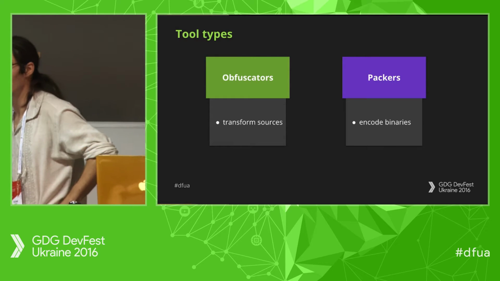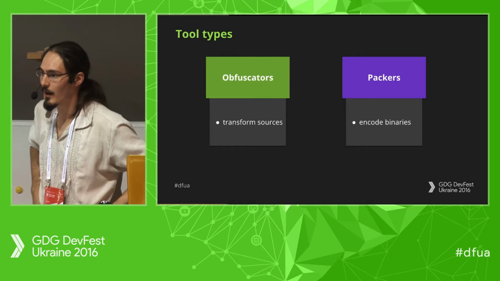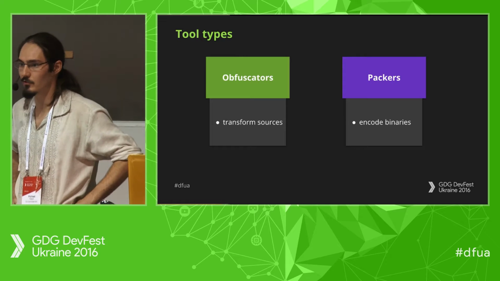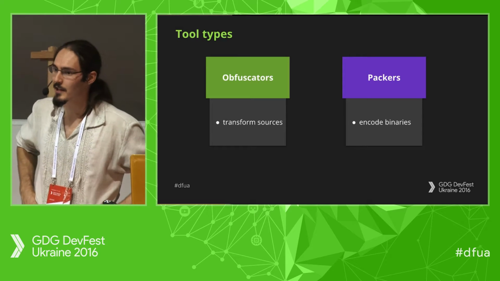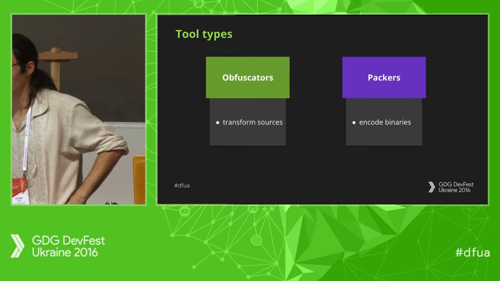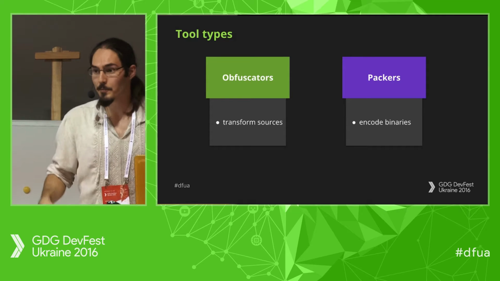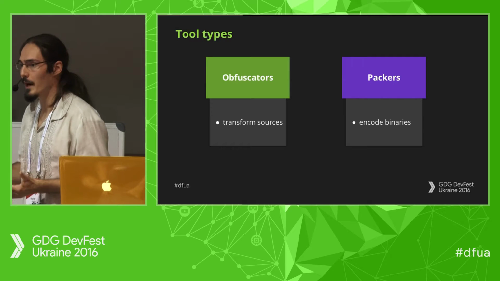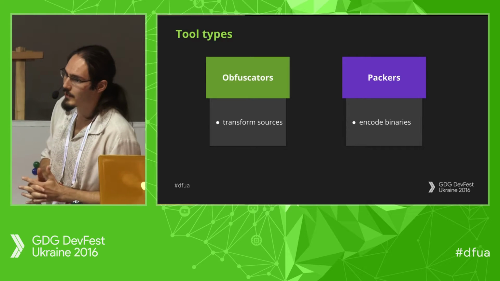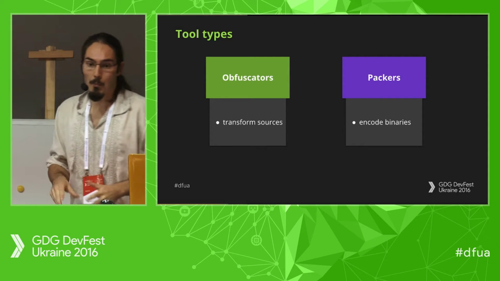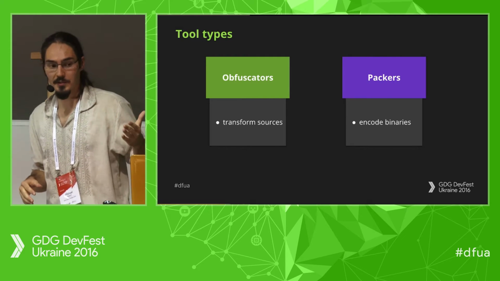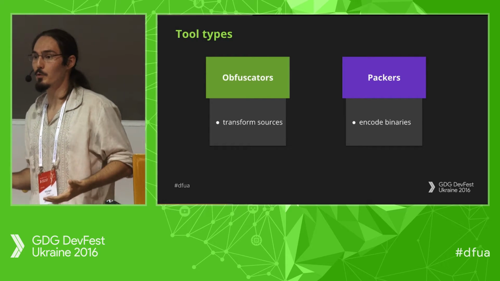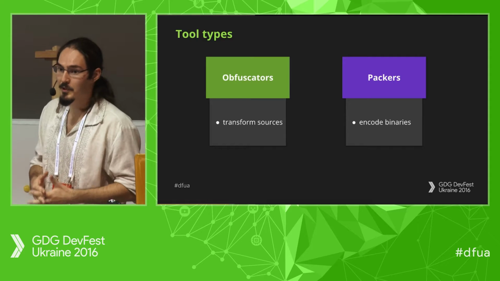It's when we transform our code and make it less readable. We rename methods, rename classes, add some junk code, and packers. Packers is when we encode our binaries and make static analysis impossible.